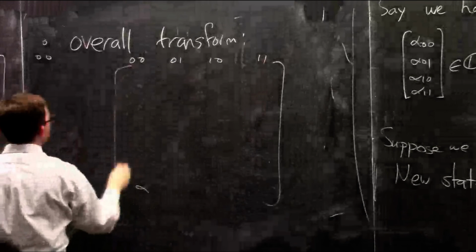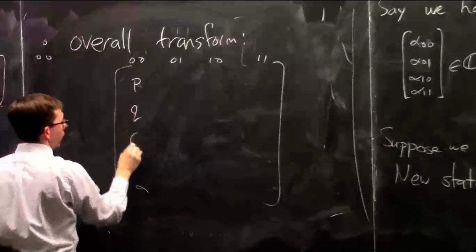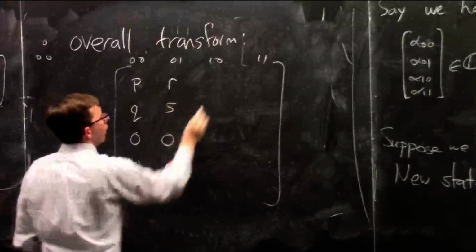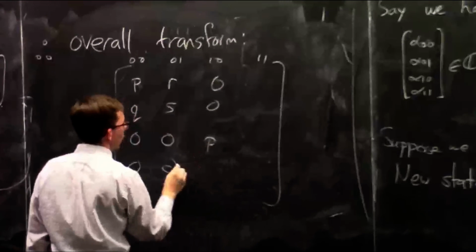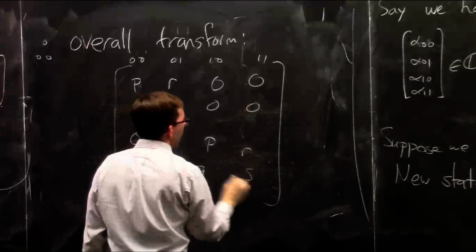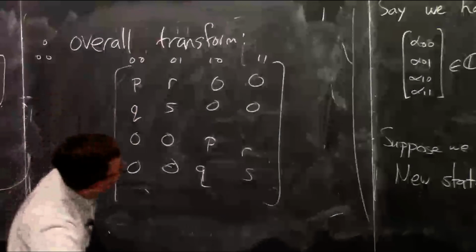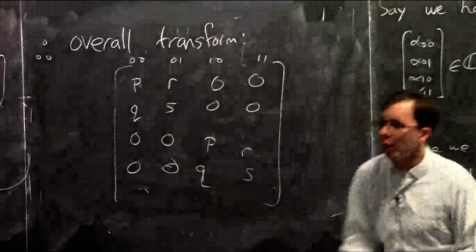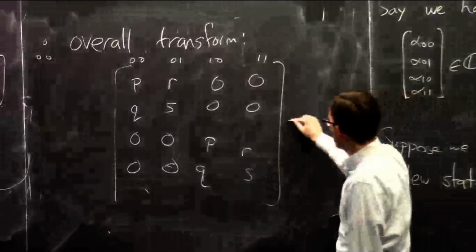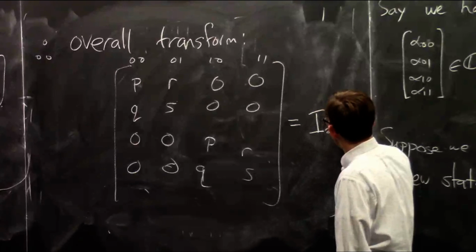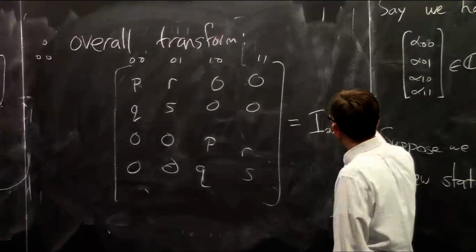It takes 0 0 to P, Q, 0, 0. This one goes to R, S, 0, 0, then 0, 0, P, Q, and 0, 0, R, S. And if you remember all the way back to the Kronecker product, this is actually the 2 by 2 identity matrix tensored with U.